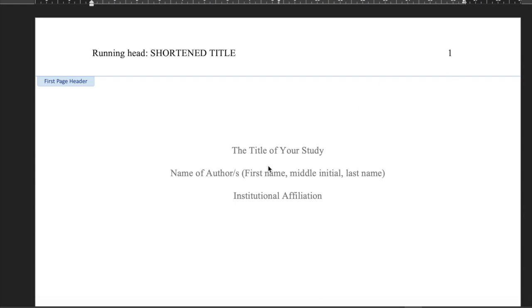And make sure that the font for the page numbers and the running head is also Times New Roman. The shortened title should still evoke the essence of your actual title. It is important that at least the key variables are mentioned in your short title.